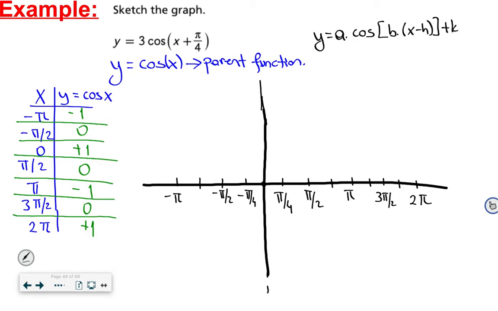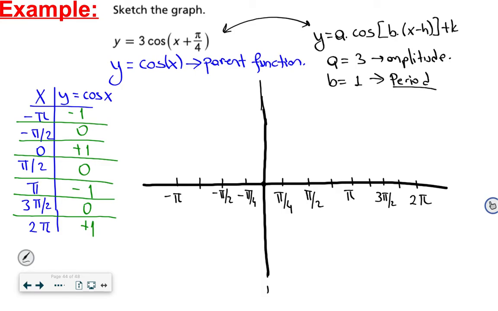When you compare this with this, can you please tell me what a is? 3, which means that your amplitude is 3. In the original function it was 1, but in the transformed function the amplitude is going to be 3. After that, what is b? b is 1, so there's no change in period. No change in period.